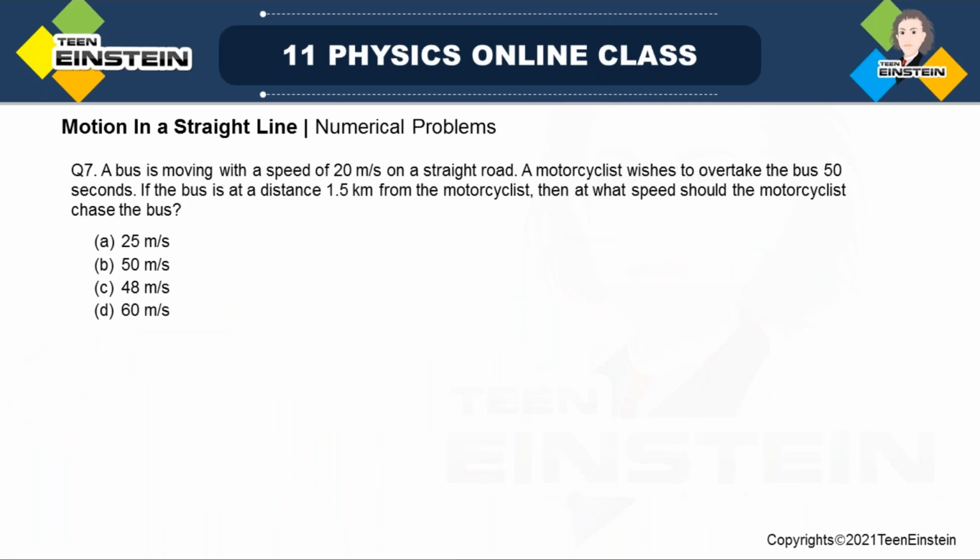So I'll take one more simple problem, related to relative motion, which we learned recently. I hope you will get some idea to solve it. See, a bus is moving with a speed of 20 meters per second on a straight road.